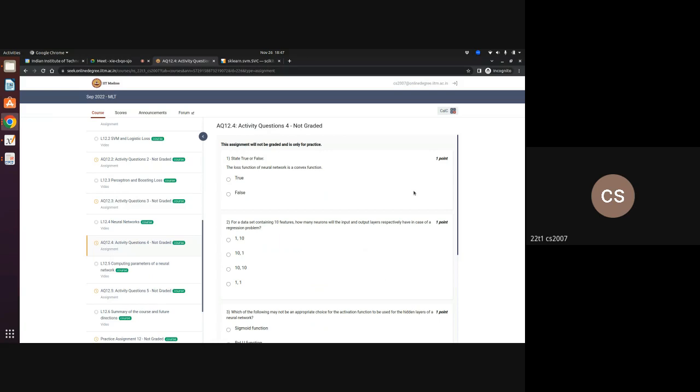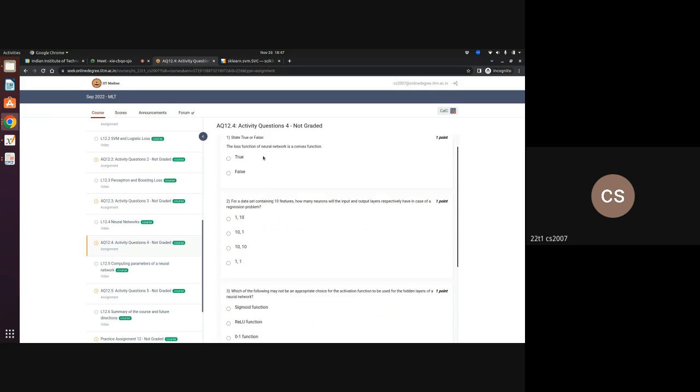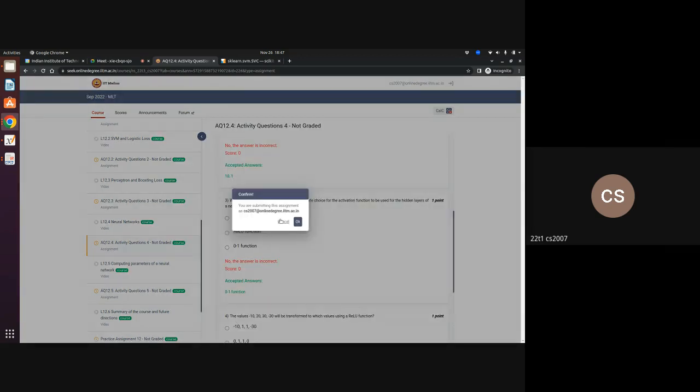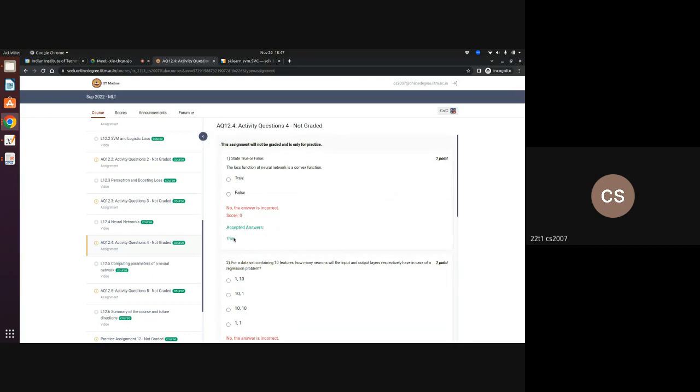Whatever result you get has been found to work well in practice, although it may not be the optimal one, but that's fine. Well, there's some configuration mistake here. The answer should be false. I'll get that fixed as well. I think this is marked true, which is incorrect. I don't know how this mistake crept in. The correct answer is false.